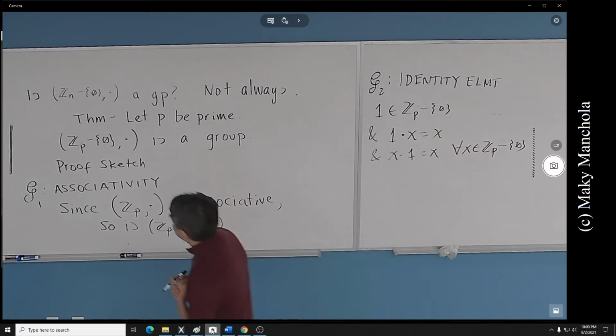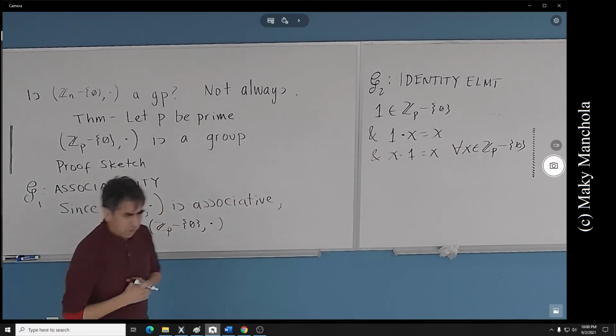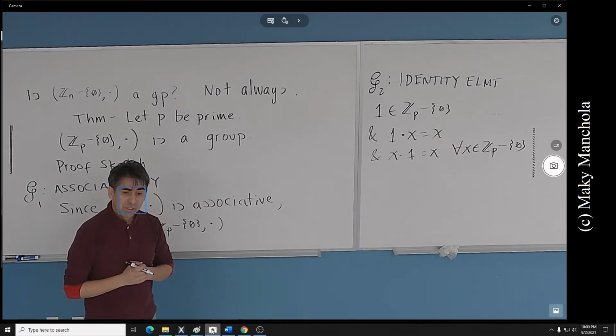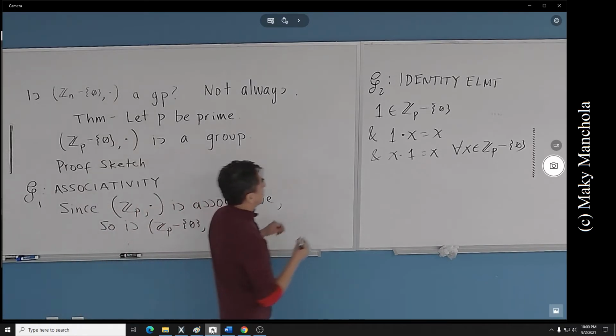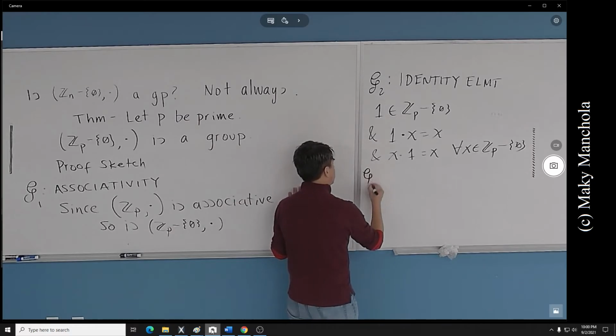One more property to confirm. That one, that for each element there is an inverse that's contained in the set. So G3, existence of inverses.